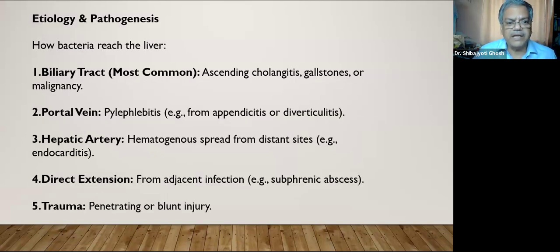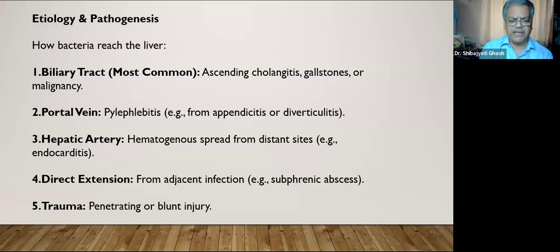So how do the bacteria reach the liver? Basically, from the biliary tract, through ascending cholangitis, acute cholecystitis, or other malignancies. It can reach the liver from the biliary tree through the intrahepatic biliary radicals.